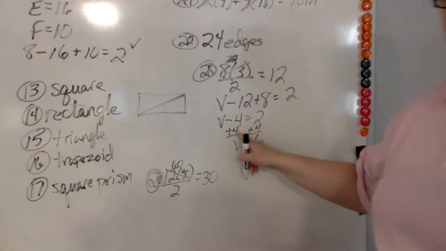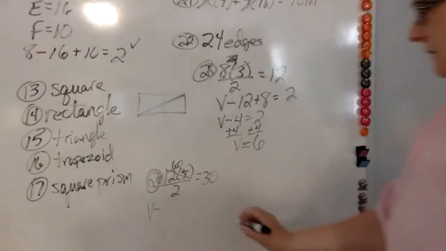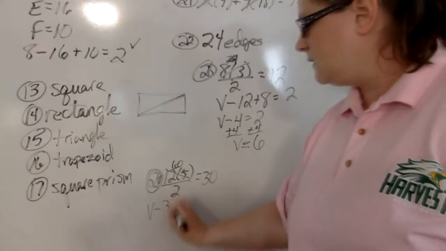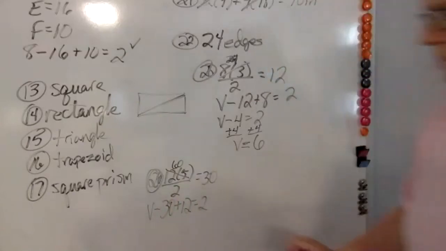And I plug in: vertices minus 30 edges plus 12 faces is equal to 2.